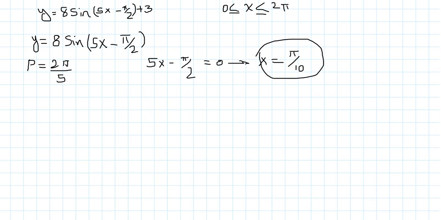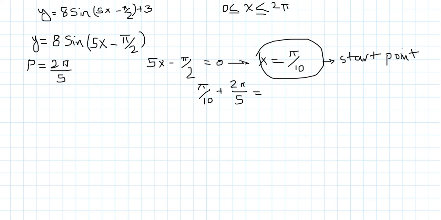So it is my start point. So what is my end point? My end point is the start point plus P. Now pi over 10 plus P. P is 2 pi over 5.